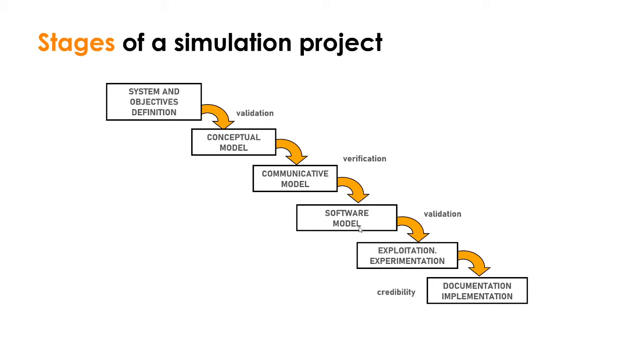Fourth, you start with a software model, which is the part where you use the language you want to create something that translates everything done so far into something that you can run on a computer and get results. When you have that, you can experiment, you can explore different configurations, and out of that, what you get is a solution that you implement.